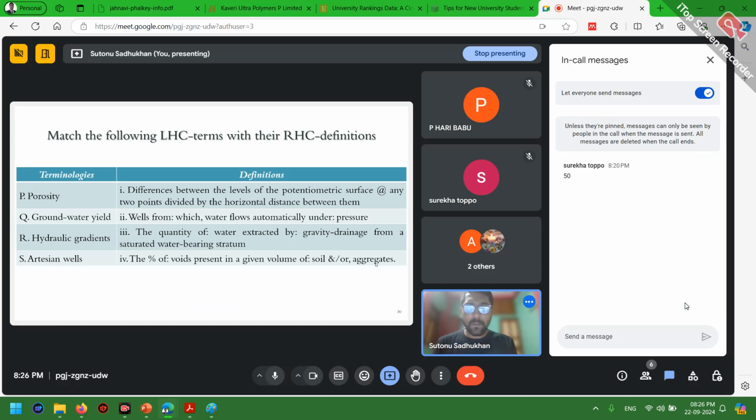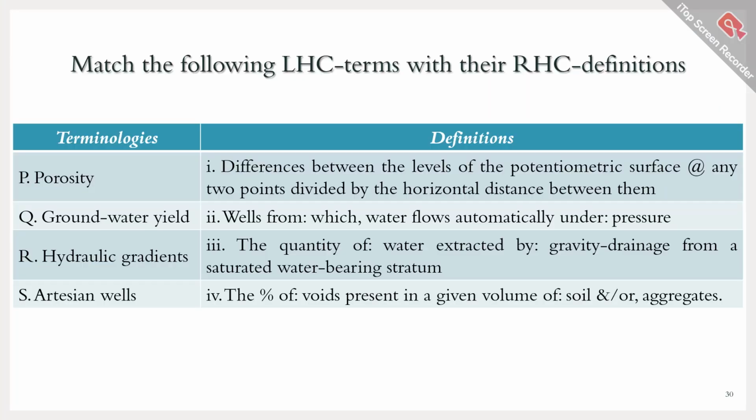This is quite easy, though you may not identify all of the options correctly. You can see there is artesian wells. As the term is well, where is it among these options? The second option carries the term well. So S should be linked with number two, right?